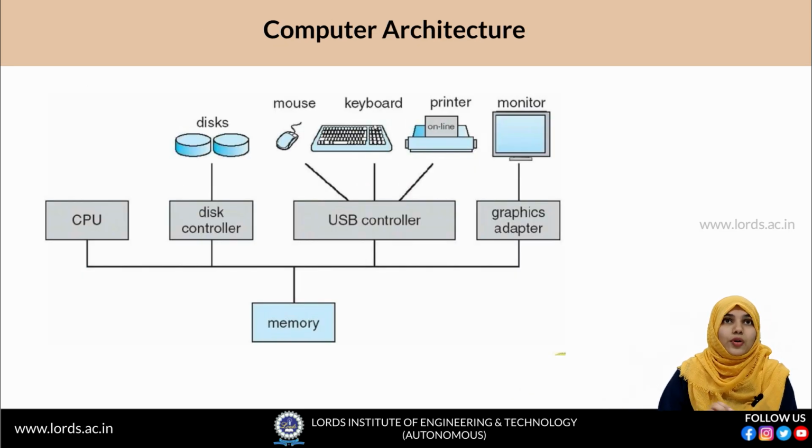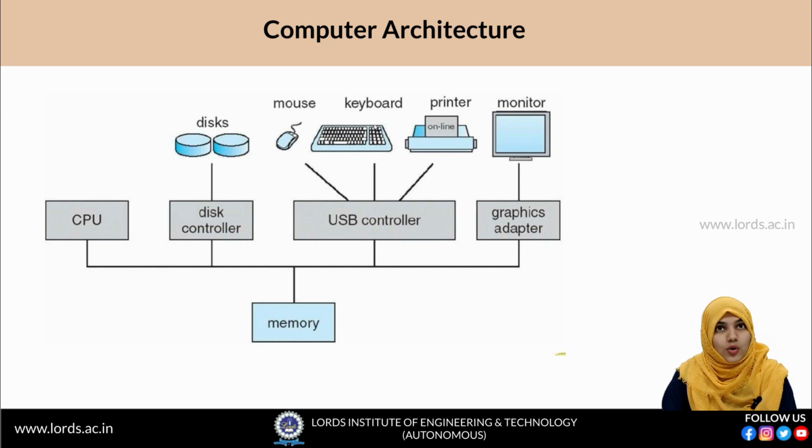Next, computer architecture. A computer may have one or more general purpose computer systems which consist of one or more CPUs. A number of device controllers and the CPU are connected through a common bus to a shared memory.